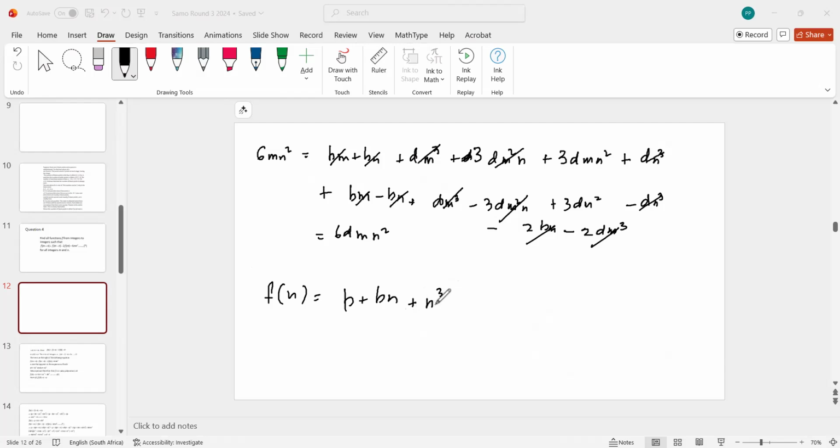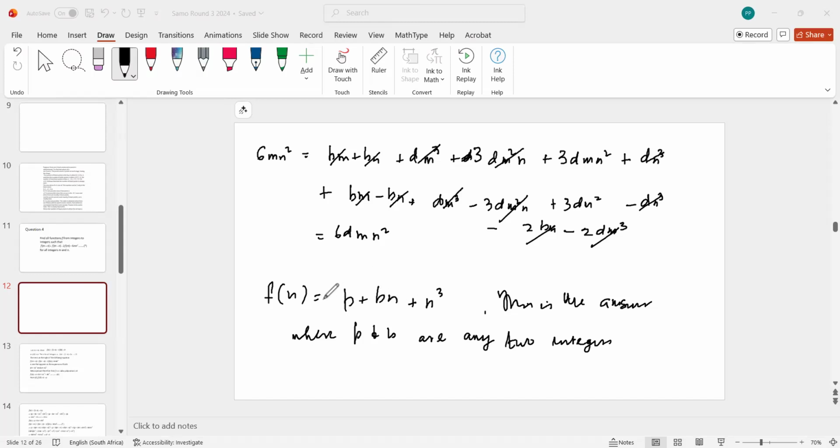Now, interestingly, this is the answer. That means your function is always looking like this, where p and b are any two integers. So there are lots of solutions for this.